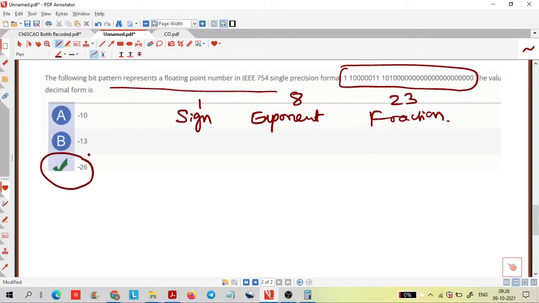The opposite of what you did first. You converted -26 into binary.